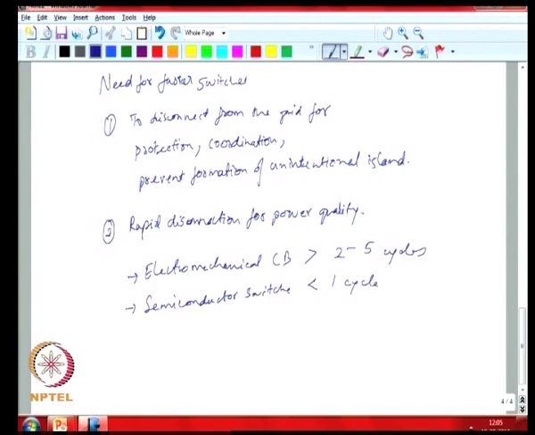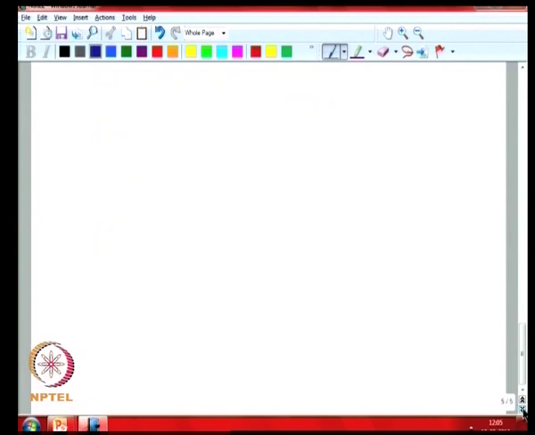So if you look at then a situation where you have the grid, a distributed generation source and then a switch which can connect or disconnect, then you have two possibilities. Okay.